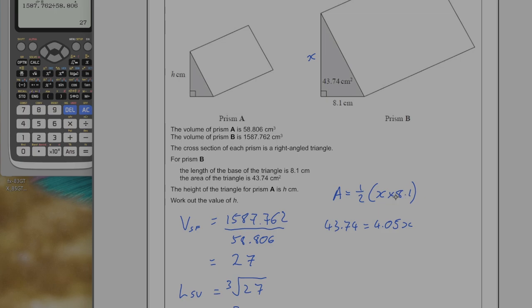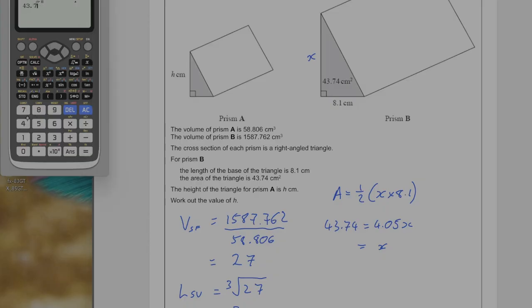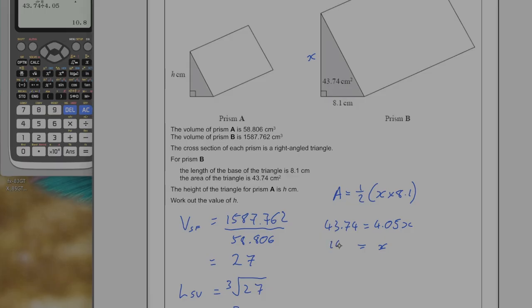What I've done there is half 8.1. So x is going to be equal to 43.74 divided by 4.05. So let's do that. We're looking at a value sort of 10-ish, 10.8. So that length there is 10.8.